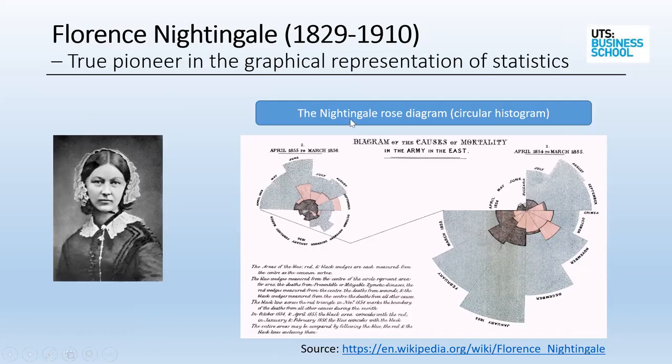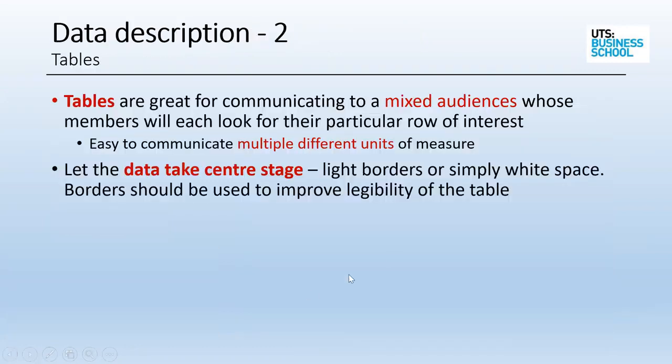But she created this Nightingale Rose diagram, which was used to represent the different types of injuries that people had during the war. The biggest slice on this rose diagram represents a particular type of injury that must have occurred in high numbers in a particular month. So that's the whole idea. This is a rose diagram, or a circular histogram, as we call it.